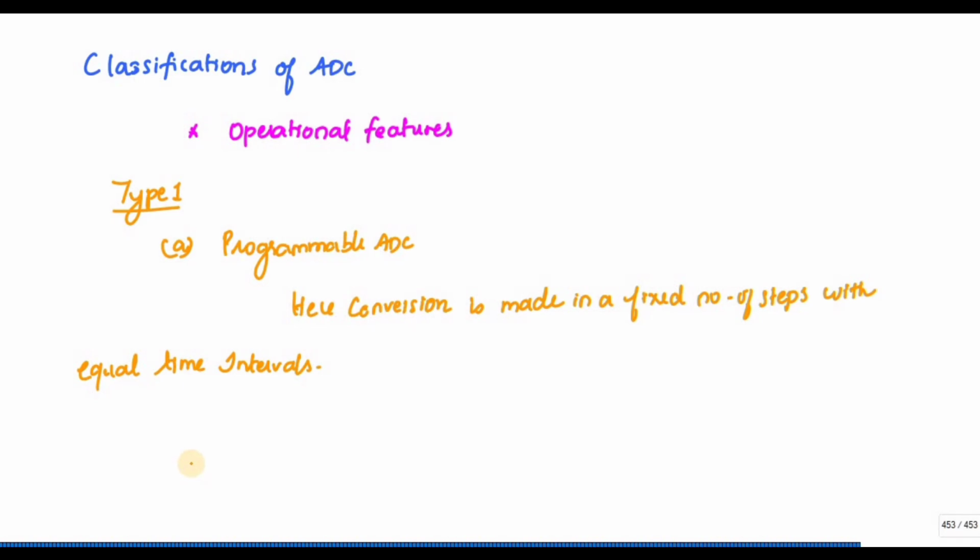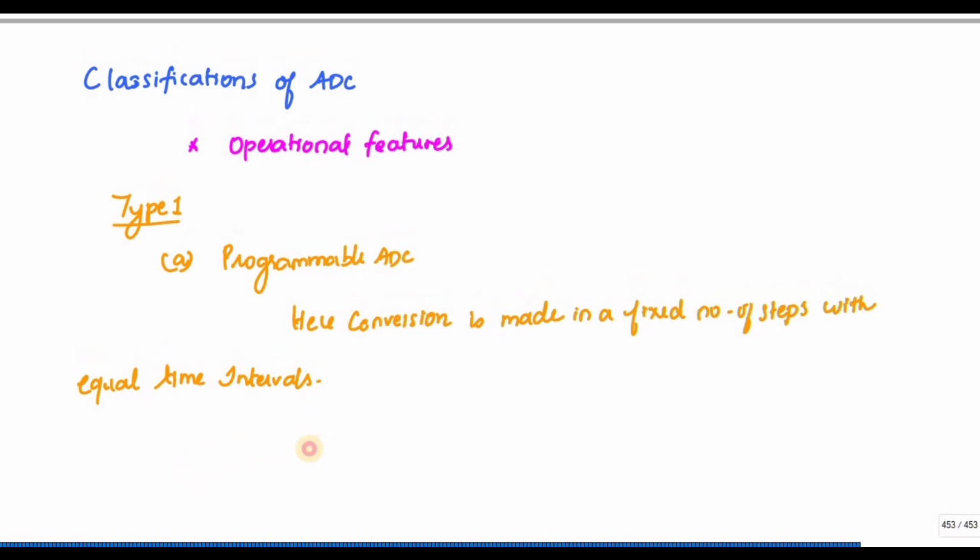In the programmable ADC, the analog to digital conversion is made in a fixed number of steps with equal time interval. Suppose you see the successive approximation technique, SAC. The detailed video regarding the successive approximation technique is given in the description box. You can verify that one.